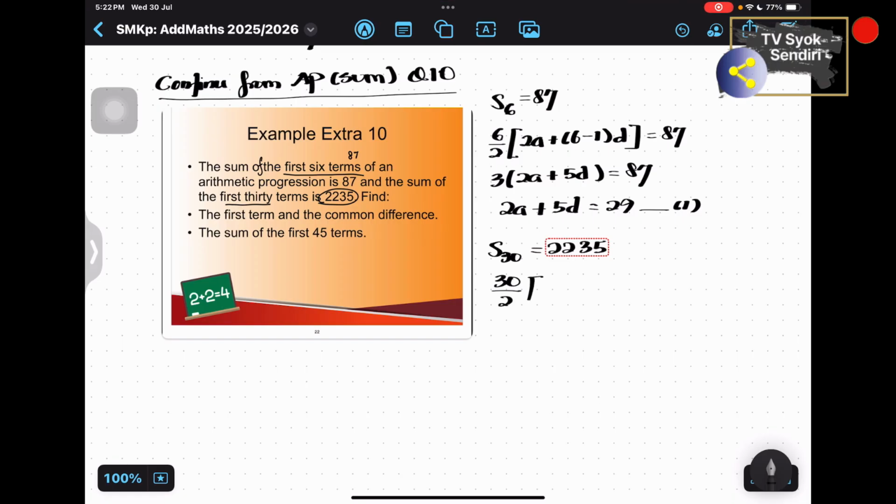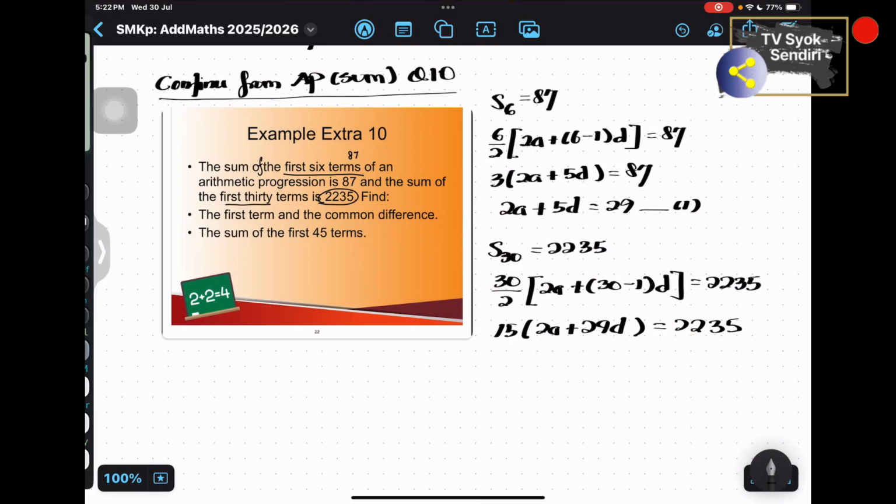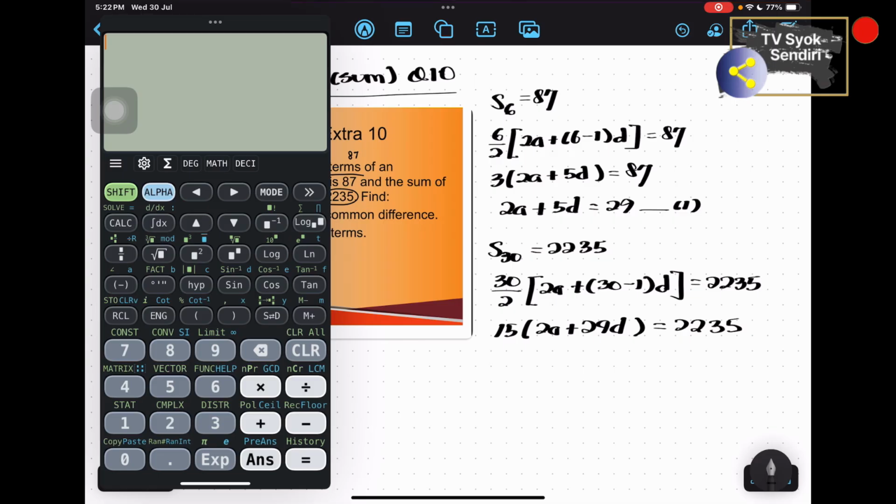Same thing, I'm going to sub into the formula 30 over 2 in the bracket 2a plus 30 minus 1 multiplied by d, close it up, equal to 2235. Okay, so next thing I will be having 15, 2a plus 29d, close it up, equal to 2235.